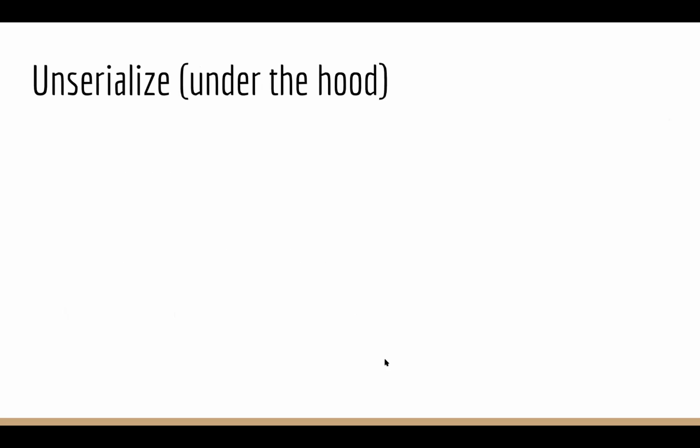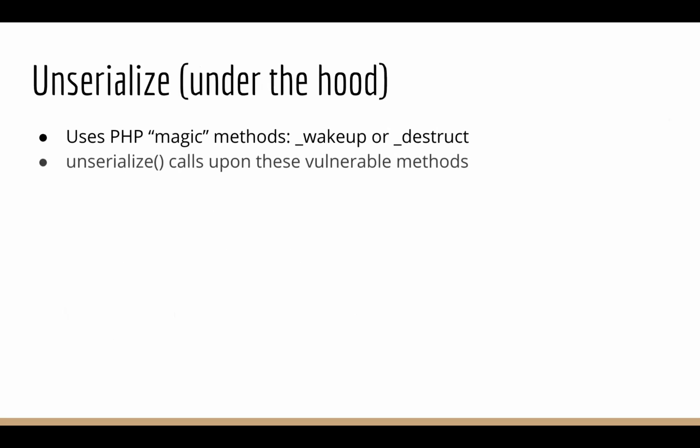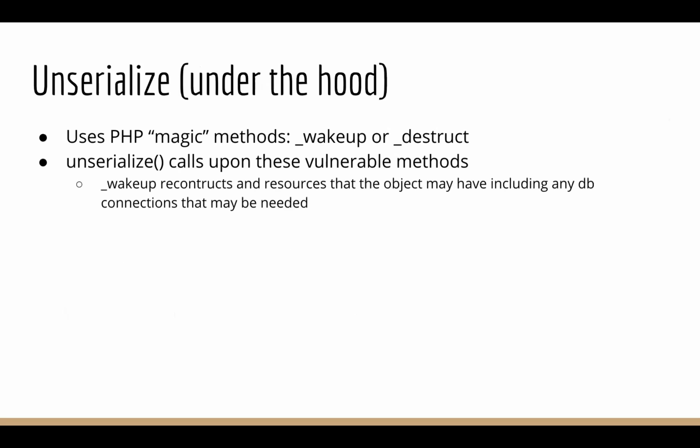Now we're going to look at the unserialize function in PHP. Under the hood, it uses PHP magic methods, as they're called, __wakeup and __destruct. So unserialize basically calls these methods, which are vulnerable. What wakeup does is reconstruct any resources that the object may have and wake up any database connections if needed.